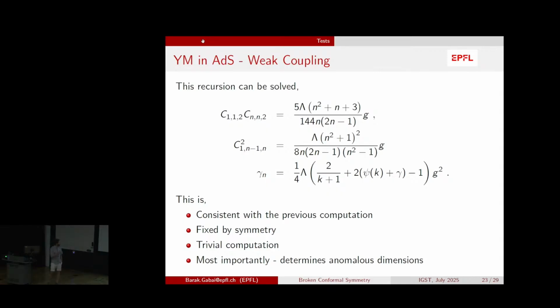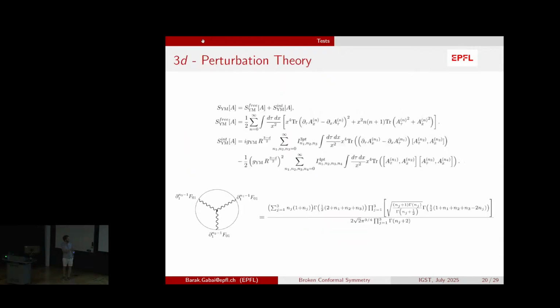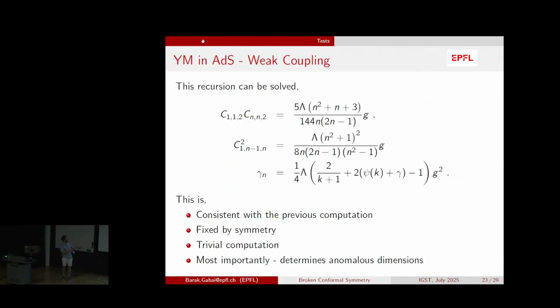So what's the first thing you do when you get this? You look at these C's. This looks much simpler than the formula I had before, but actually it matches exactly that formula. That is the sense in which this is a test of the integrated constraints: the perturbative computation of the three-point function matches the determination from symmetry.